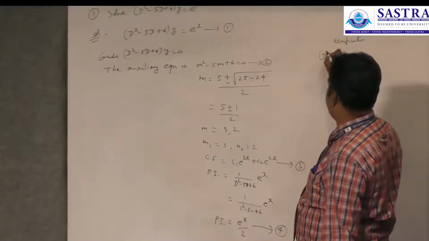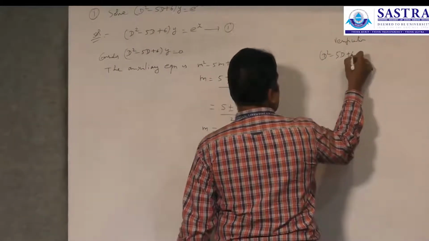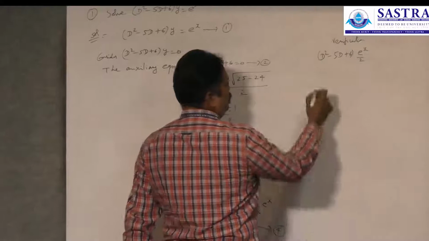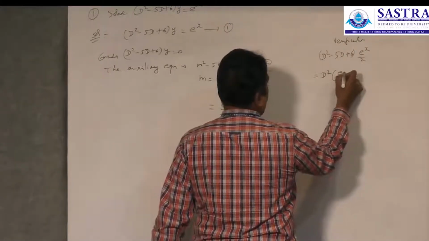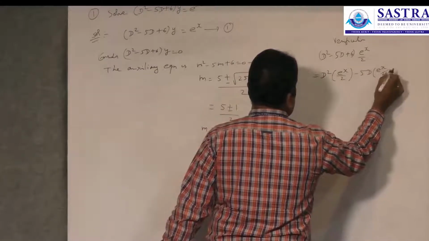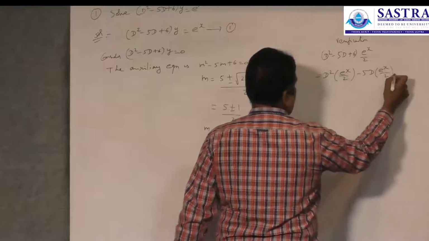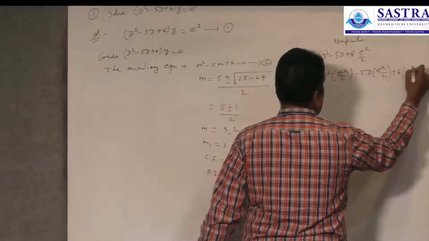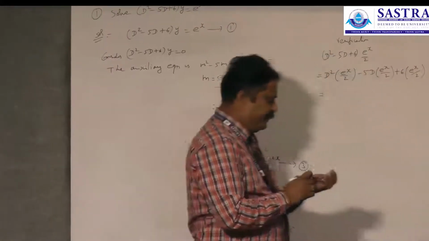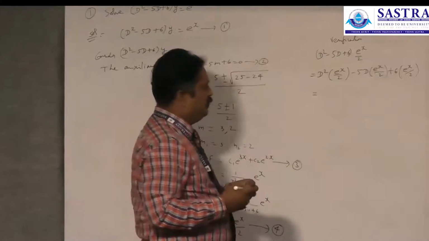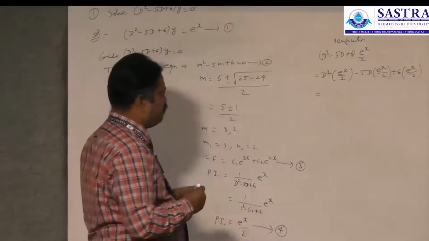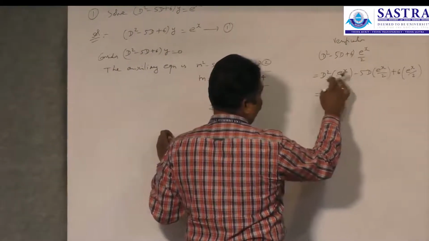That is, (D square minus 5D plus 6) of e power x by 2, which is equal to D square of e to the power x by 2, minus 5 D of e power x by 2, plus 6 e to the power x by 2. We have to operate D square upon e power x by 2. D square stands for differentiation 2 times. We have to differentiate e power x by 2 two times.